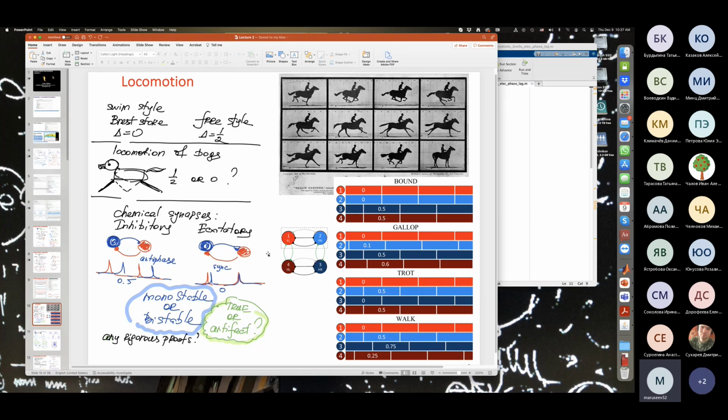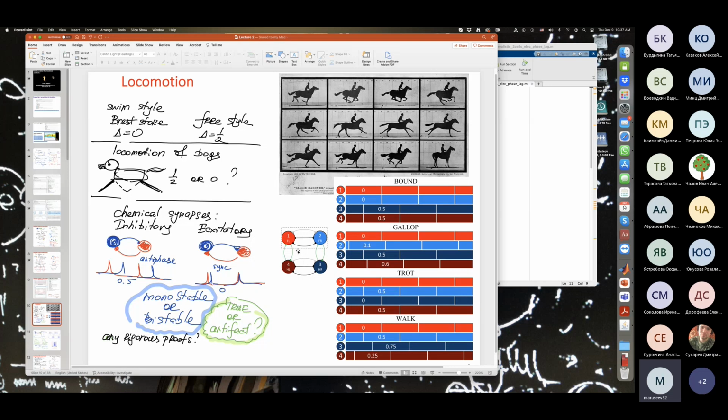So basically you need to figure out what the neural network organization and architecture should be to produce these multiple rhythmic outcomes, depending on an external drive, which is basically a descending command that originates in the brain and projects onto the network.